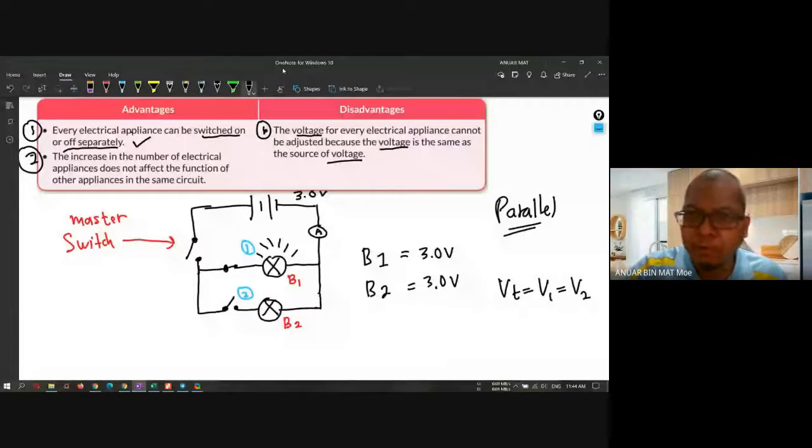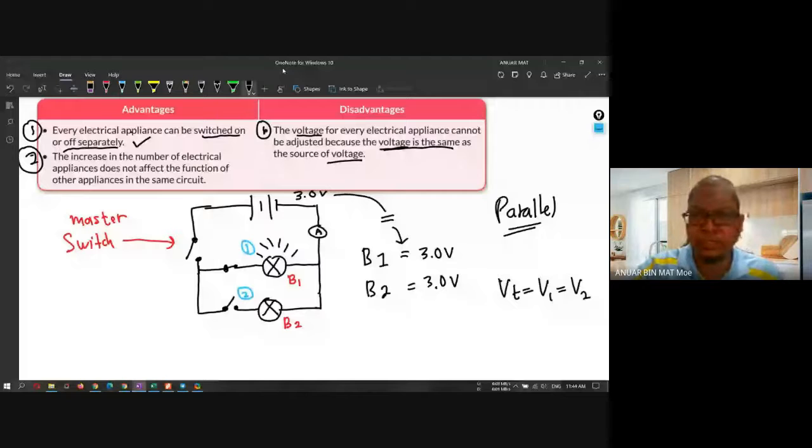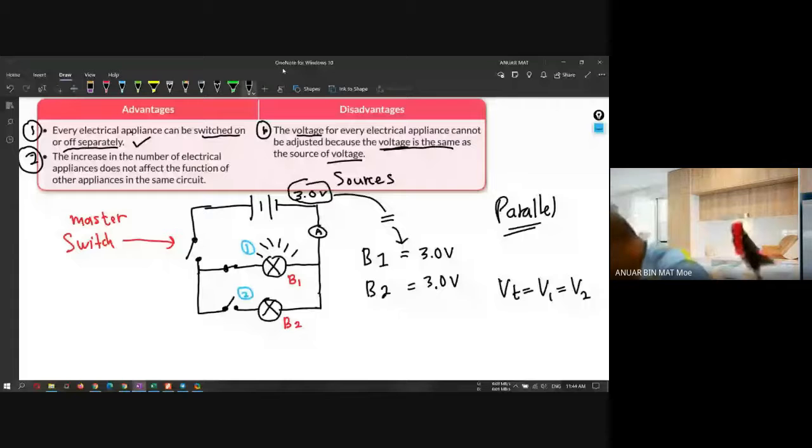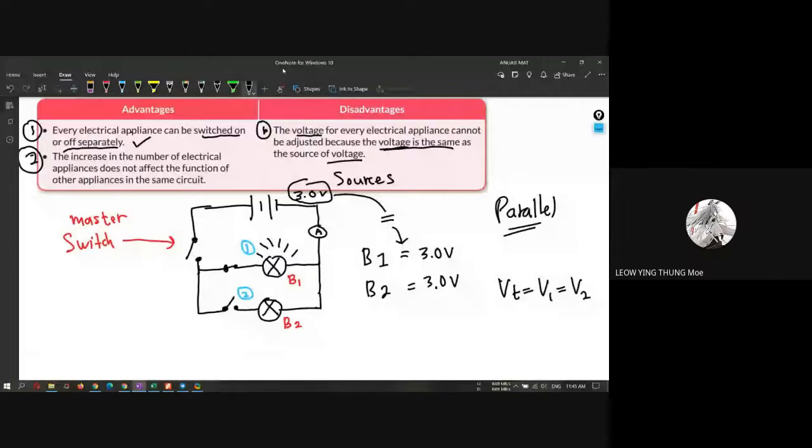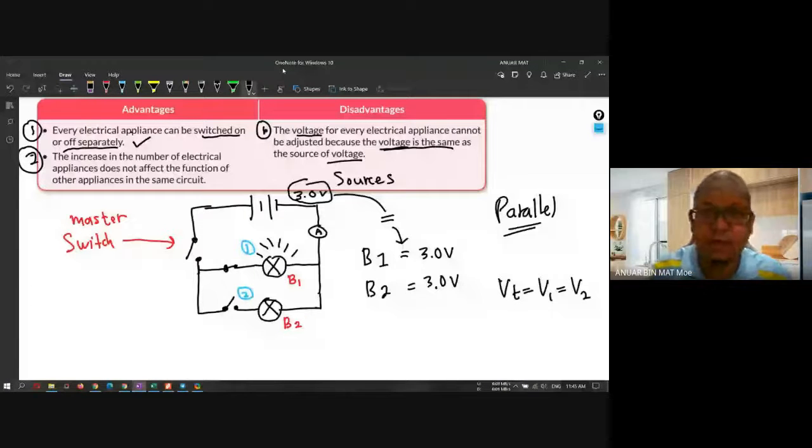This is the source of voltage, and this is the appliance voltage, meaning it all must be at the same voltage. Okay, class? Is it clear? Yes. Okay, very good.